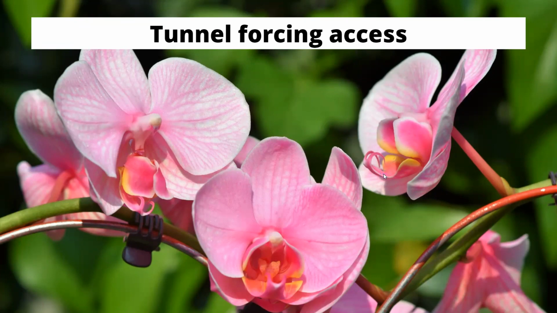Sometimes, especially with orchids, the insect will enter down that tunnel, and there'll be a kind of pollen basket attached to the flower itself. And when the insect moves past it, it will disengage from the flower and attach to the insect.